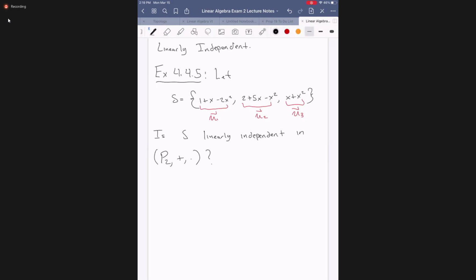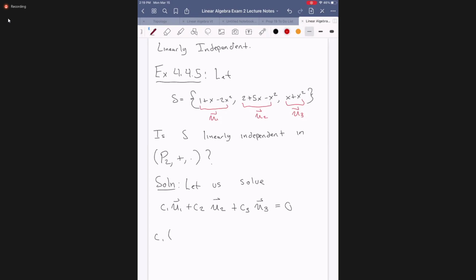In this one, we can't use the same trick. However, we can refer back to what it means to be linearly independent. So let us solve c1 u1 plus c2 u2 plus c3 u3 equals 0. Now replace my u1, u2, and u3 with the polynomials.